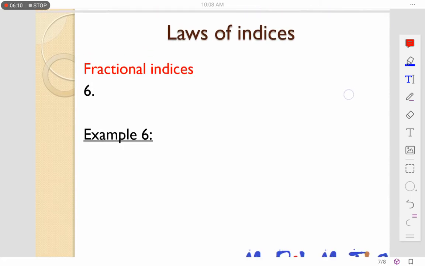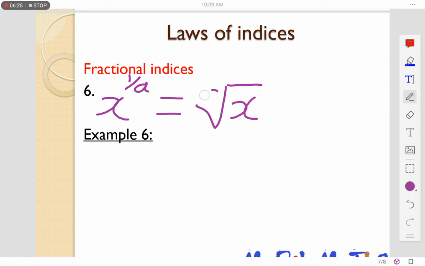When we have fractions in indices, I've got two parts here. Let's have x to the power of 1 over a. What do we get? We get the a-th root of x. The denominator is the one that we are going to get the root of.